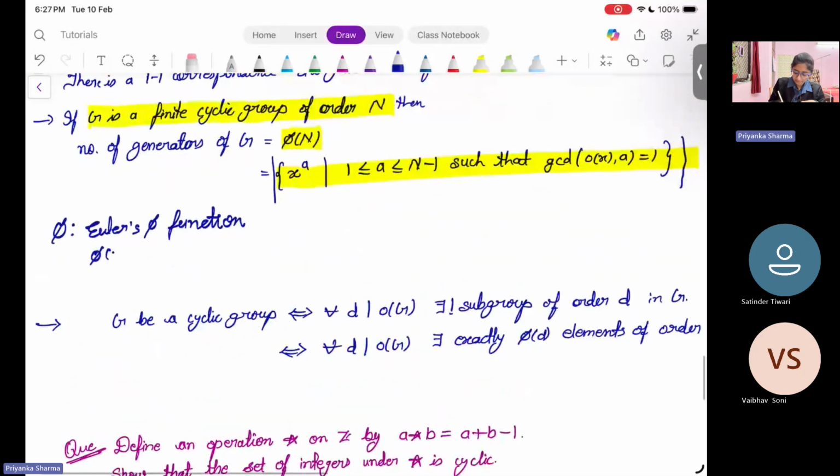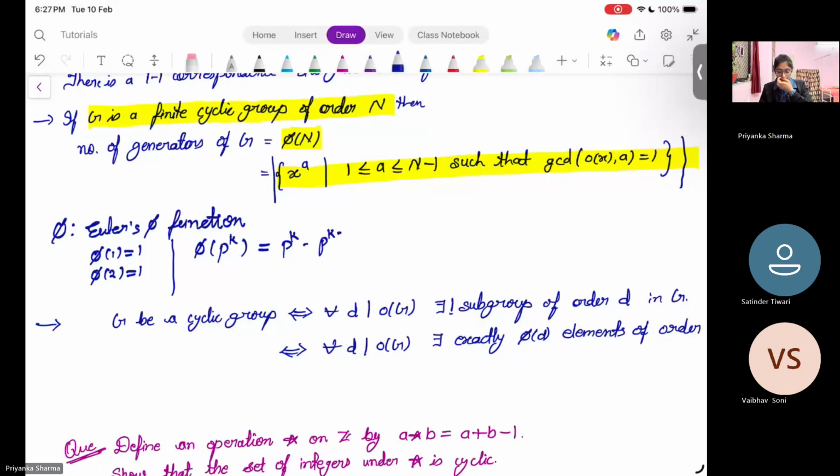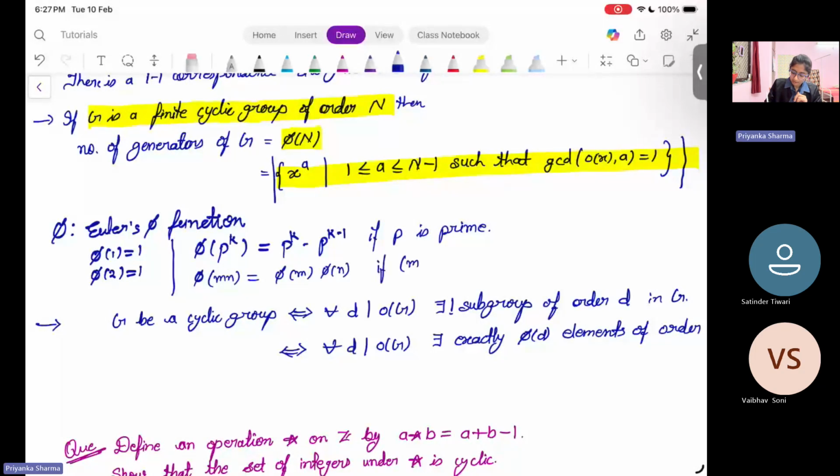Phi of 1 is defined as 1, phi of 2 is 1, and phi of p to the power k is p to the power k minus p to the power k minus 1, if p is some prime number. And phi of mn is phi of m times phi of n, if m and n are co-prime.